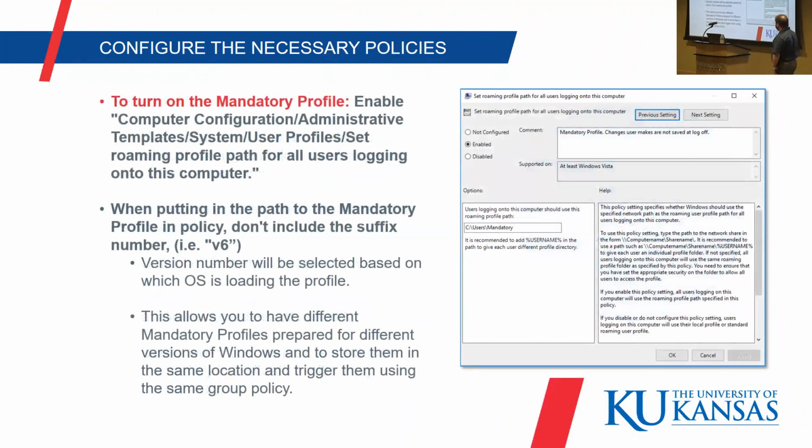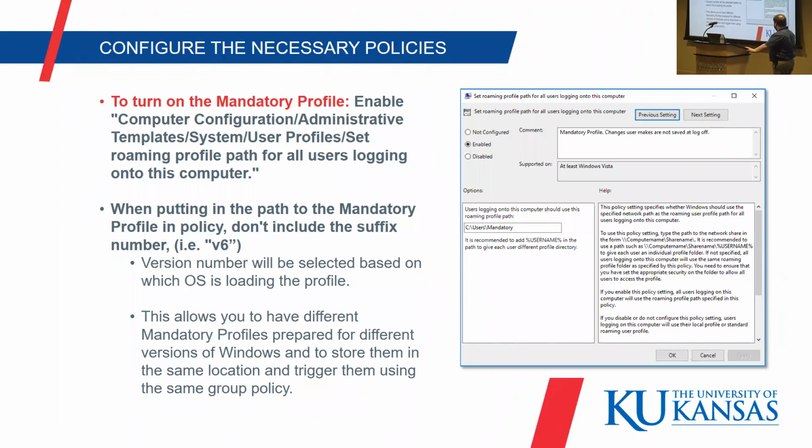So to turn on a mandatory profile, you need to enable this group policy: computer configuration, administrative templates, system, user profiles, set roaming profile path for all users logging onto this computer. And when you type in the name for the file you want to use or the folder, make sure that you don't put in that V6 that we did in the previous step.